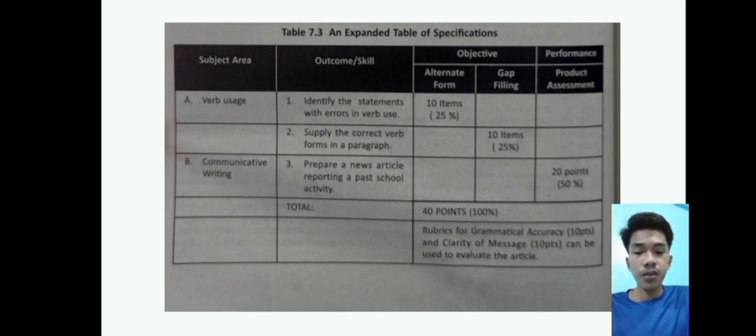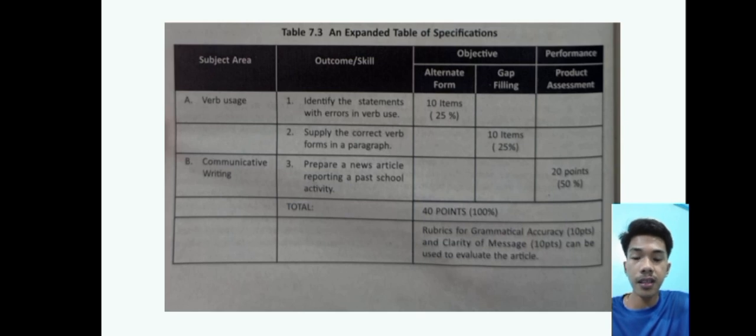It can also ensure that test items are aligned with specific keywords or phrases. In the reference, we have the subject area, the outcome or skills, and the objective, which includes the alternate form and the gap filling.